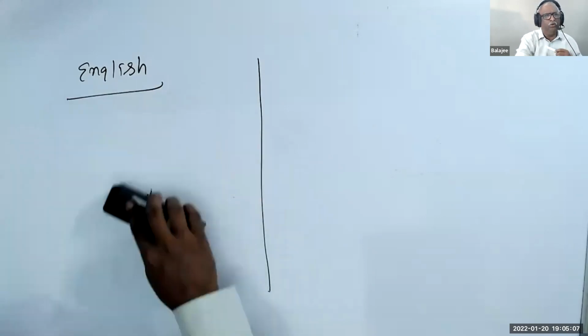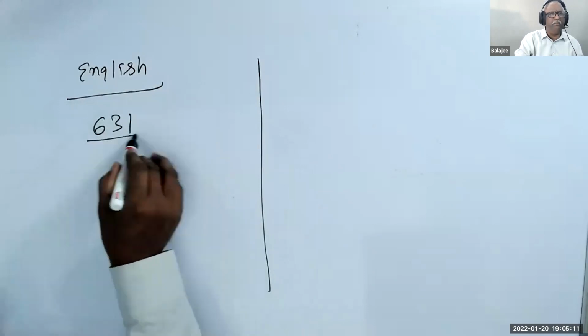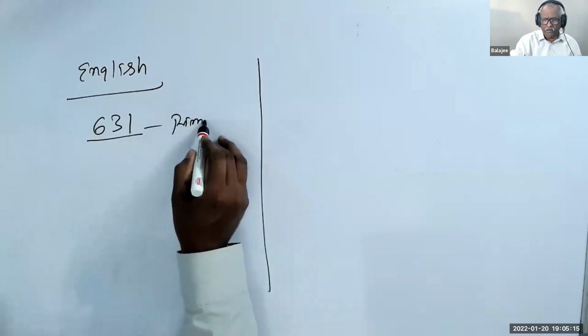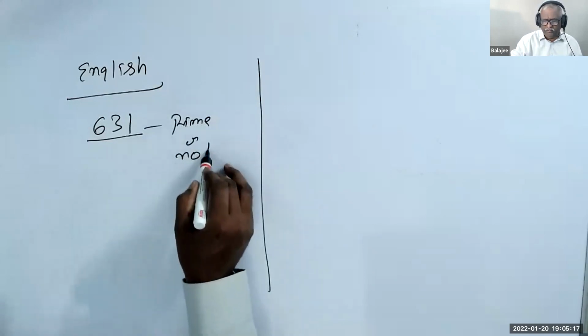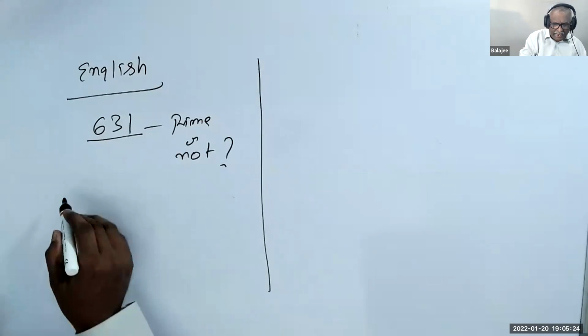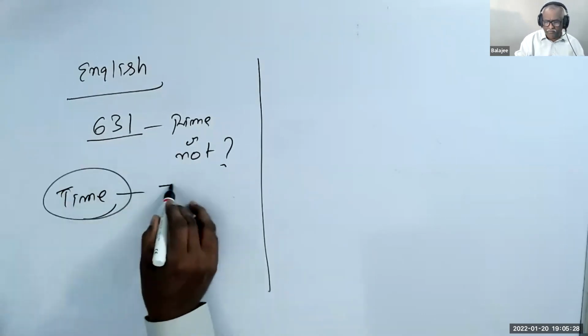If somebody asks you whether 631 is a prime or not, how will you find out? It doesn't matter how much time you take. You always confuse between time. I am not worried about time.